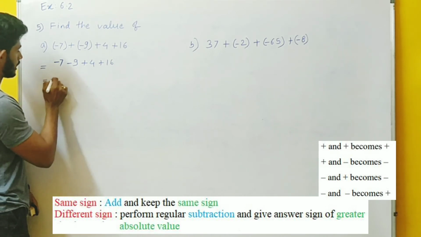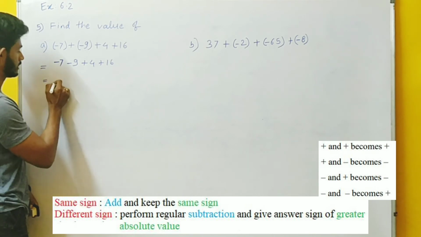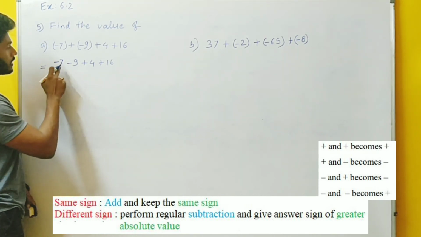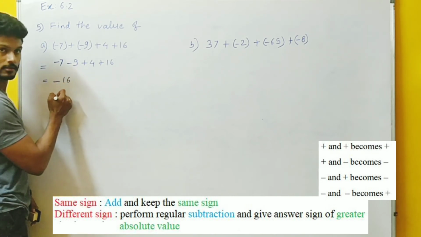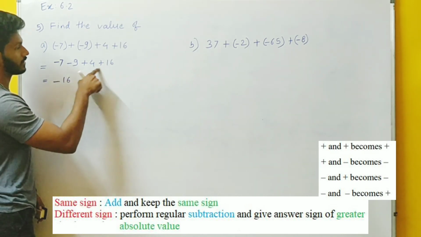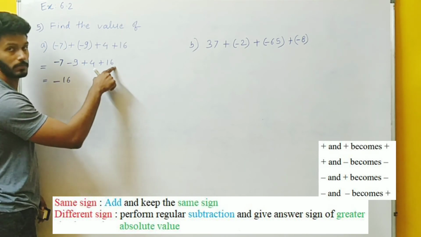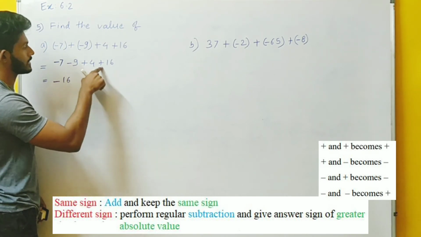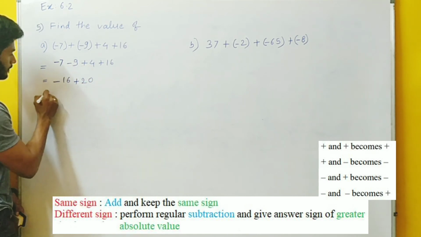So we'll add these two numbers and the answer will have the same sign, that is minus 7 minus 9 will be minus 16. So same sign again. Then we are going to add these two numbers. So 4 plus 16 will be 20 and the answer will have the same sign, so it will be plus 20.